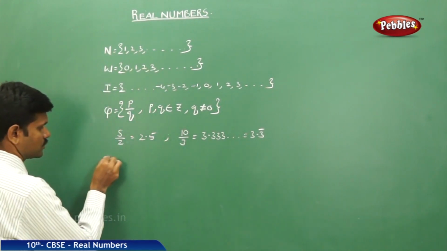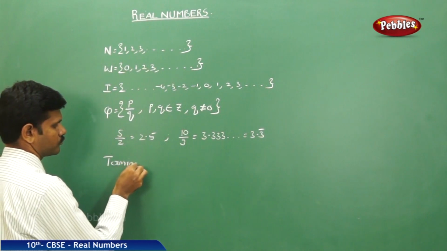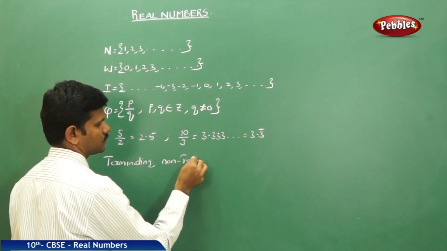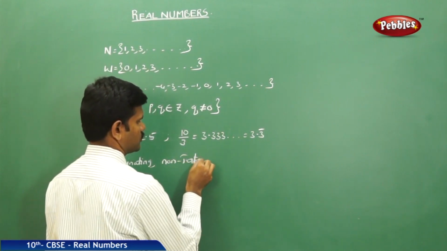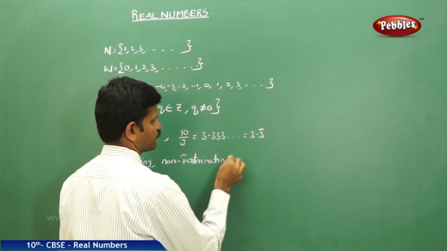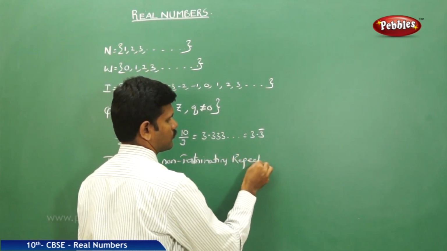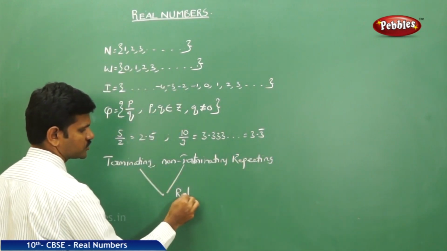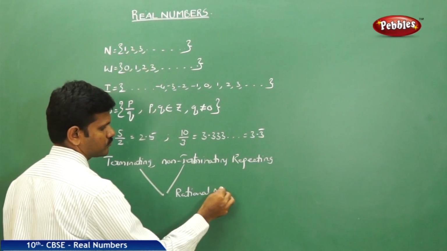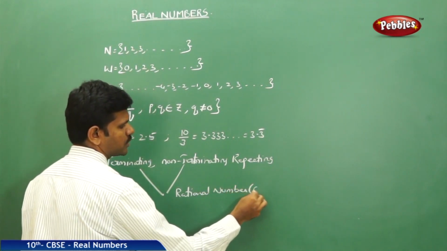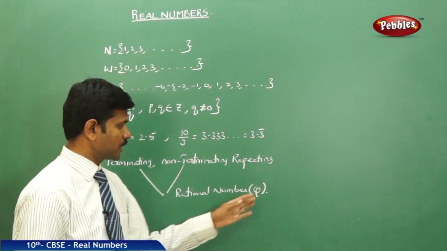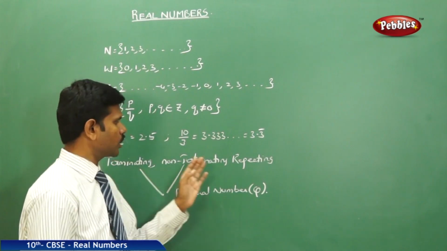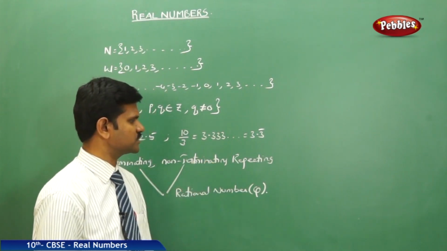These two, terminating and non-terminating repeating, are rational numbers, denoted with Q. That means every rational number can be expressed as either a terminating or a non-terminating repeating decimal.